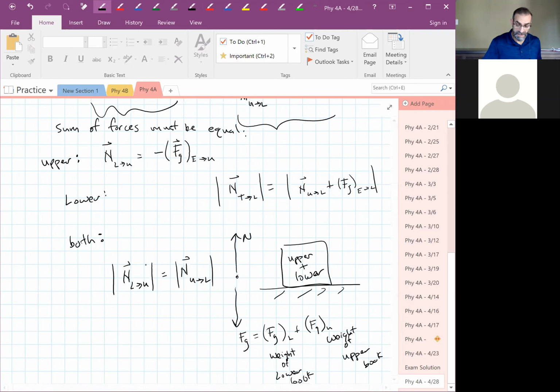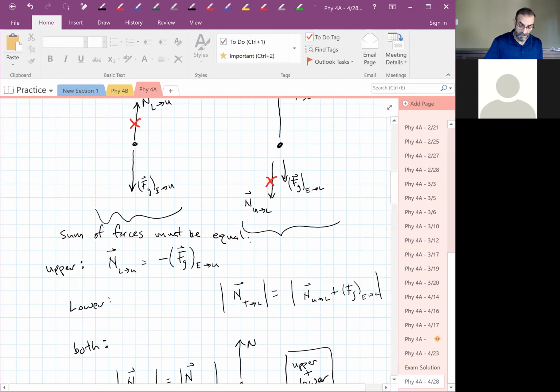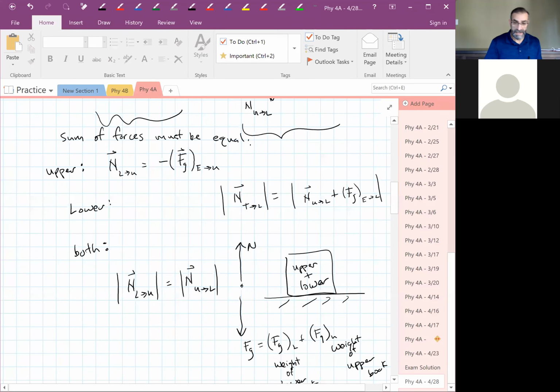So we'll get more into free body diagrams. I'm trying to point out here that these free body diagrams can be very useful.